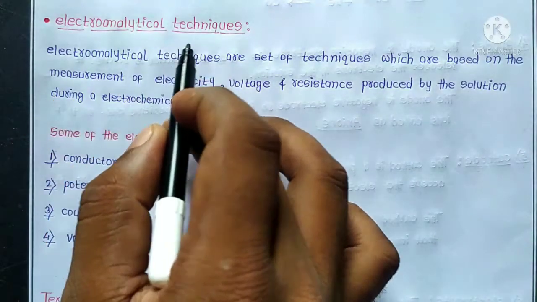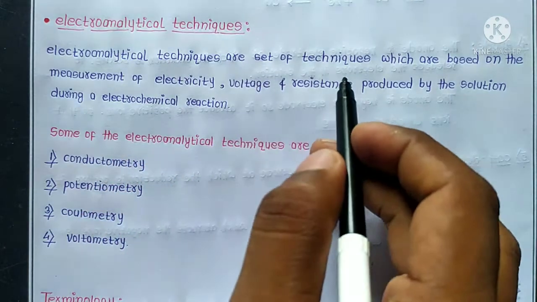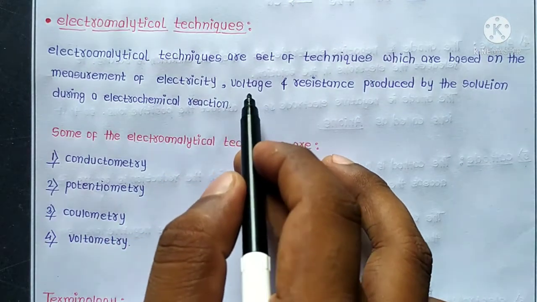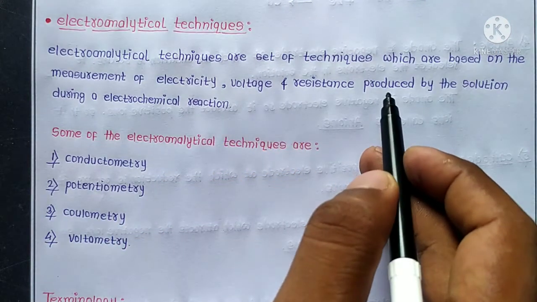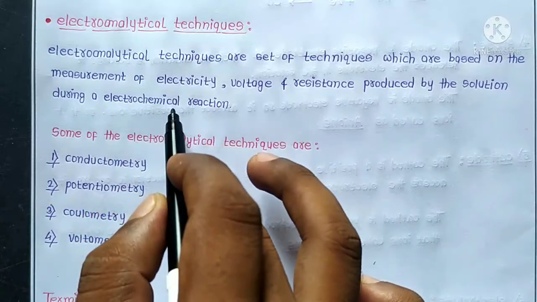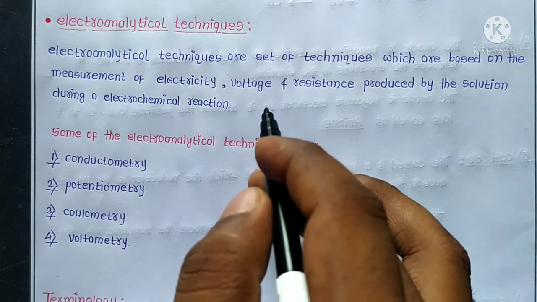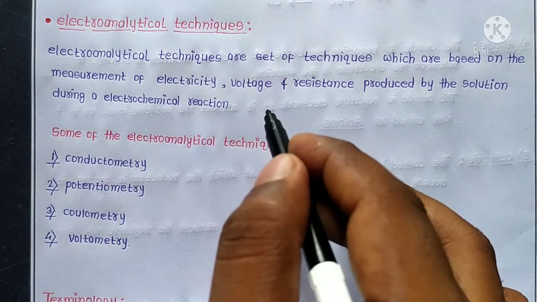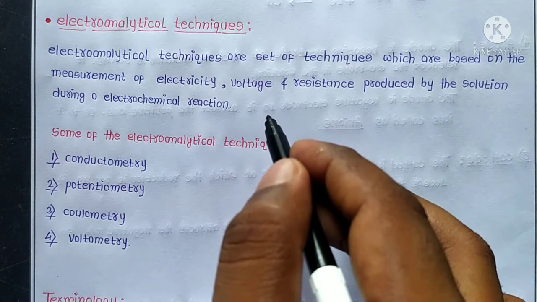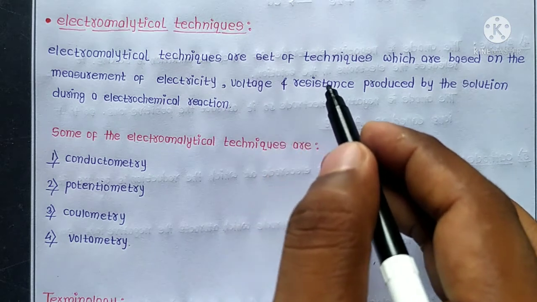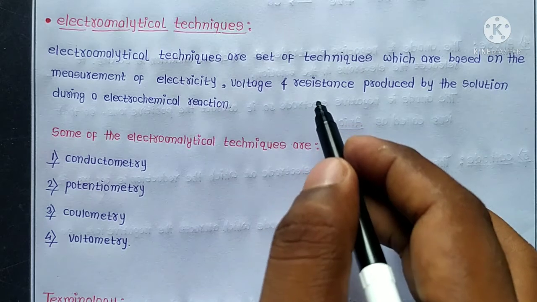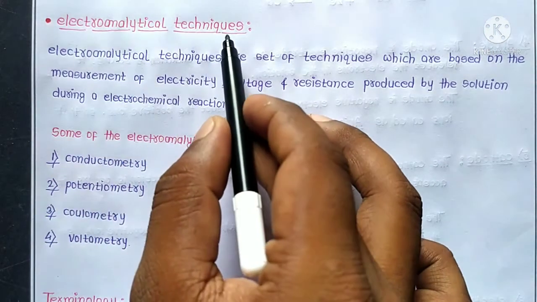Now basically the electroanalytical techniques are the set of techniques which are based on the measurement of electricity, voltage and resistance produced by the solution during an electrochemical reaction. When the electrochemical reaction takes place inside the solution, the electricity, voltage or resistance produced by the solution is measured using techniques that we call electroanalytical techniques.